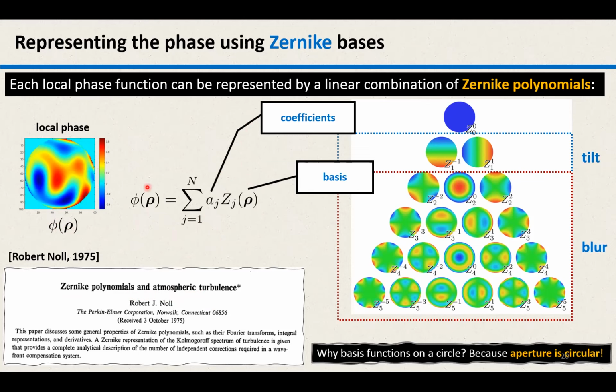This equation should be familiar to most of us who do signal processing. It's just a linear expansion idea. So what is this Zernike basis? This is a snapshot of the Zernike basis. You have many of these orthogonal functions in the unit disk. Now, there are different representations.